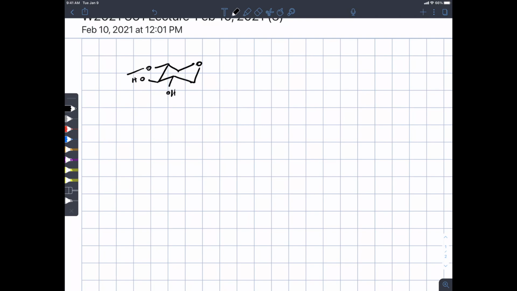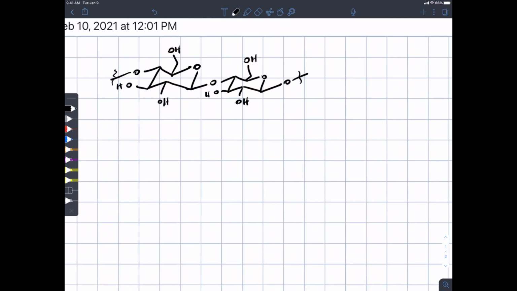It's glucose, and it's a glucose molecule connected to another glucose molecule in a very specific way. I've got to fill in some hydroxyl groups to make the molecule complete.